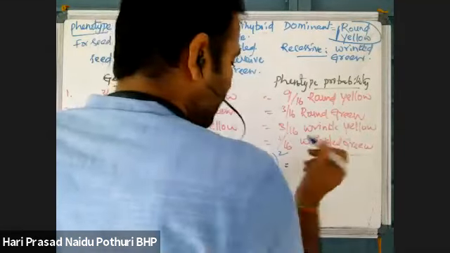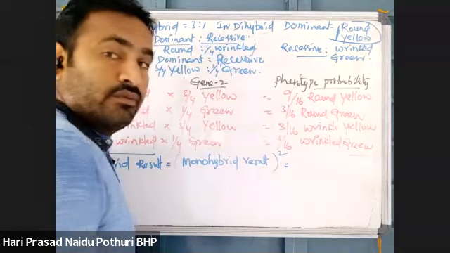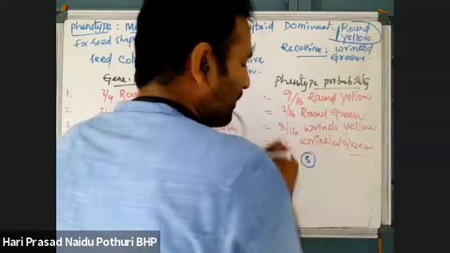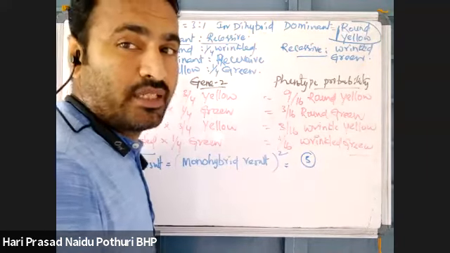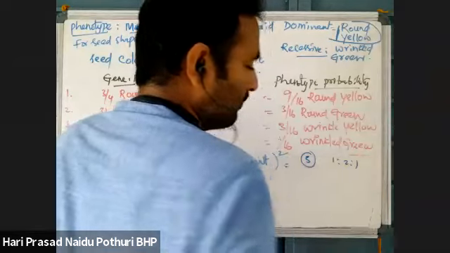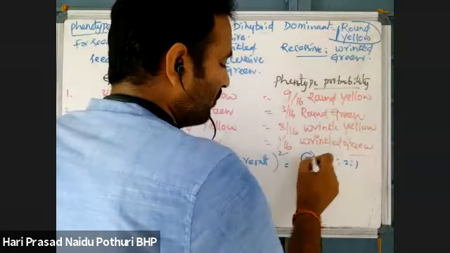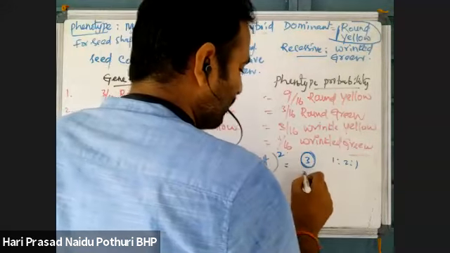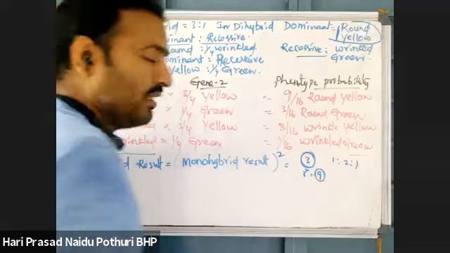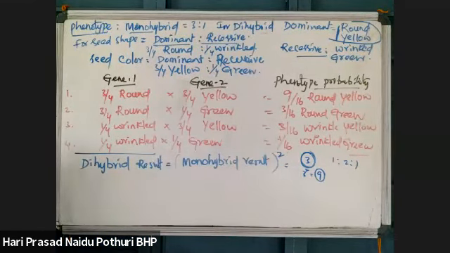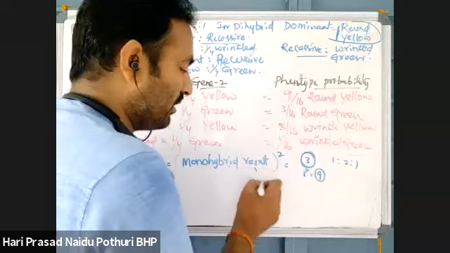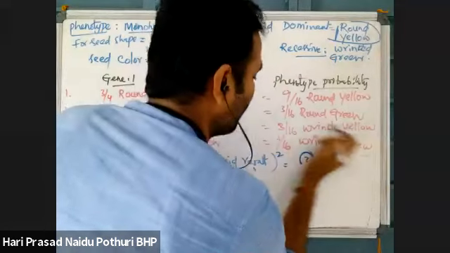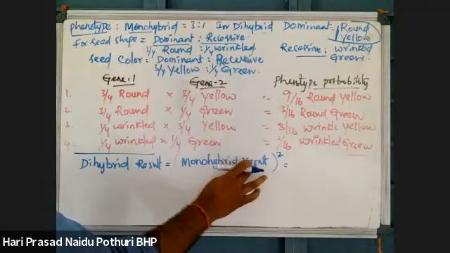How many genotypes are possible? 3 genotypes are possible in a monohybrid cross, 1:2:1. So monohybrid result 3 square means 9 genotypes are possible in a dihybrid cross. How many phenotypes are possible in a monohybrid cross? 2. 2 square means 4 phenotypes are possible in a dihybrid cross.